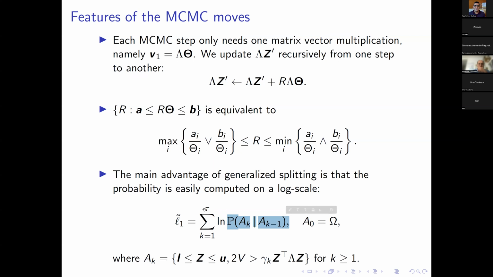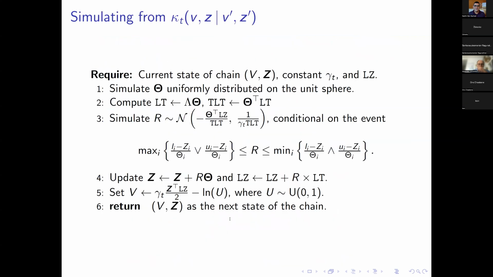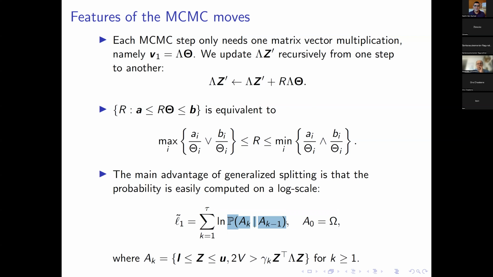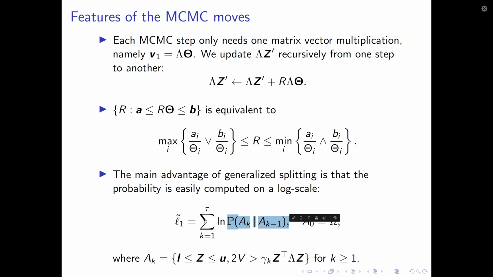On a logarithmic scale, you get the sum, and each one of these probabilities is not very small. So you represent a rare event probability as a product of reasonably large probabilities, and you estimate each one separately, so you have a very convenient representation on a logarithmic scale. You don't have this with any other method, as far as I'm aware.